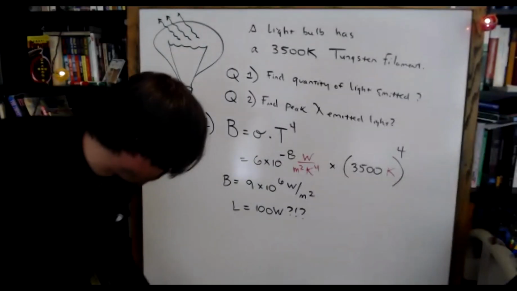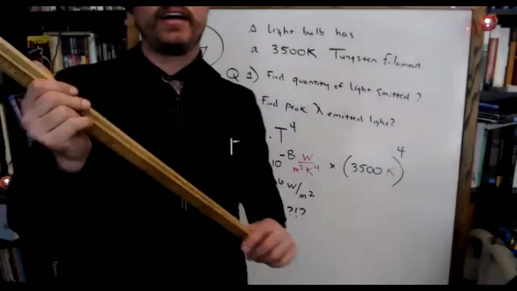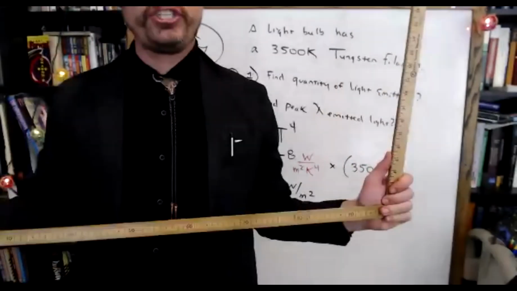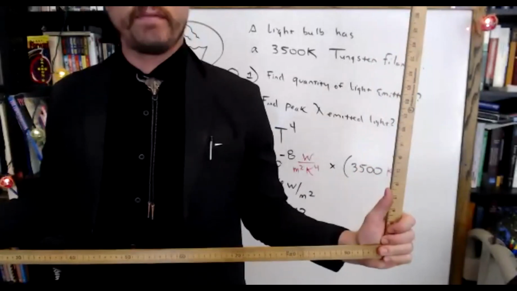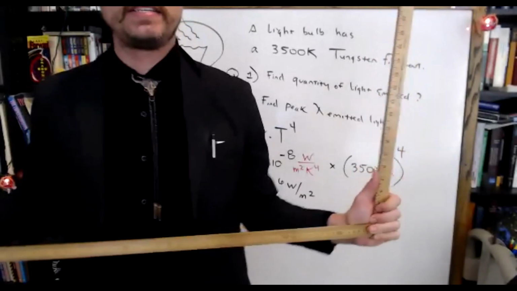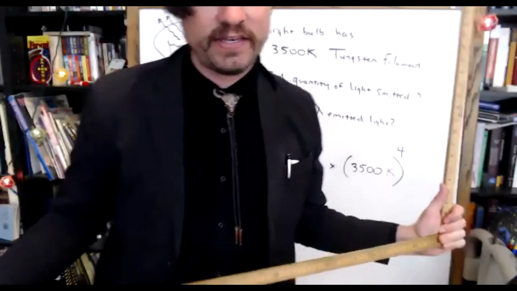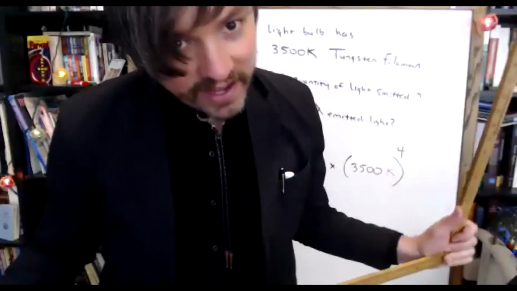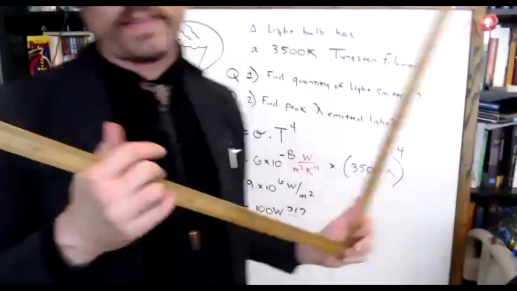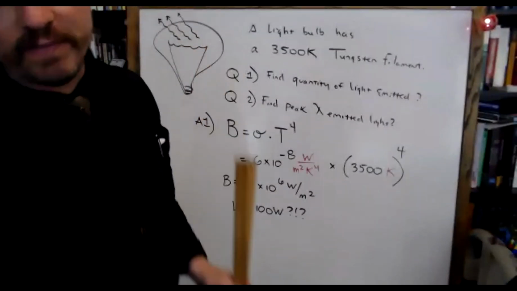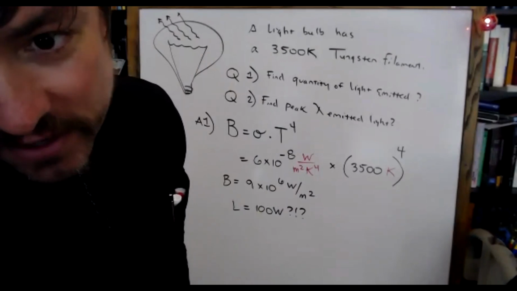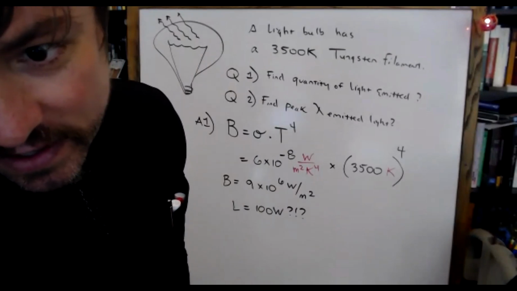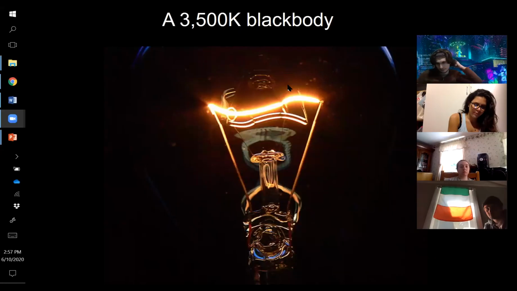Well, what this means is if I had a sheet of tungsten that was 1 square meter, and I heated up that entire sheet to 3,500 Kelvin, then it would give off a luminosity of 9 million watts. But your tungsten filament is not a square meter worth of metal, right? If you took that filament and tried to hammer it into a sheet, I don't even think you'd make a square millimeter or a square centimeter.